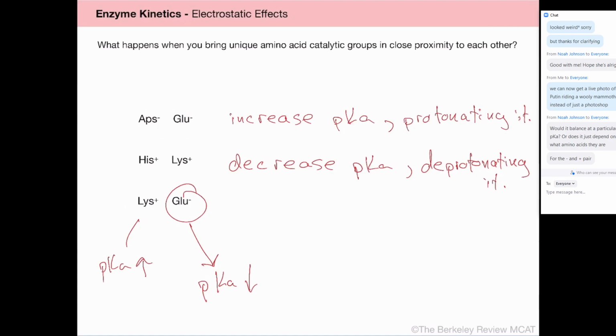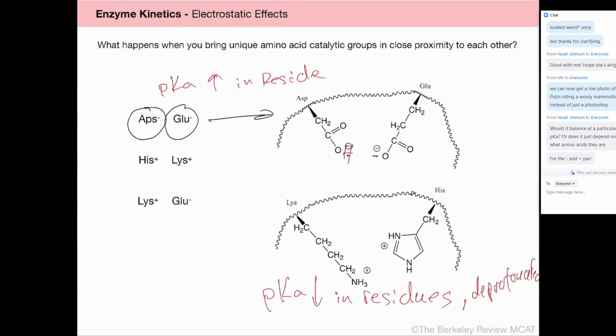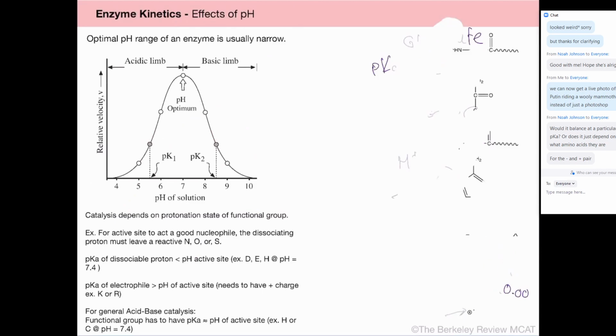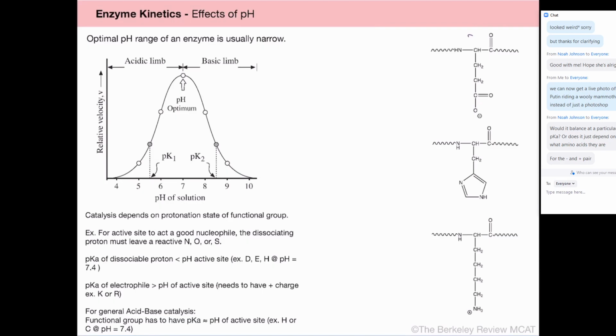I would say no, but I see what you're saying. So let's go back here just for a second, because we're looking at amino acids, they're drawn out. The functional group on this amino acid, on glutamate, is in the deprotonated state. And the other one would be the same amino acid, and I'm just going to simplify it here, in the protonated state.